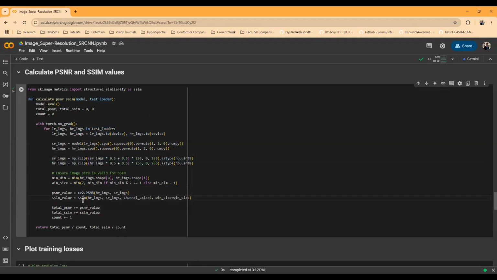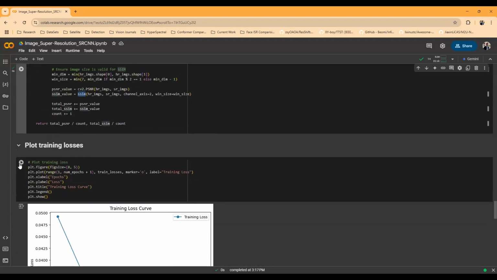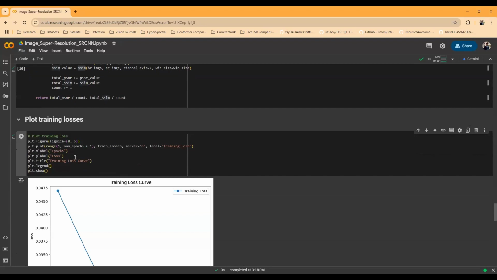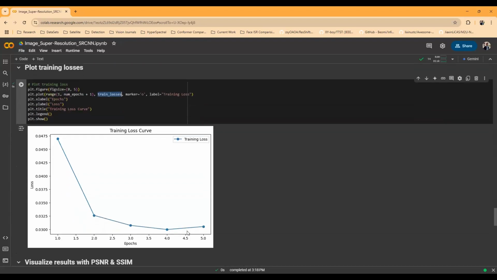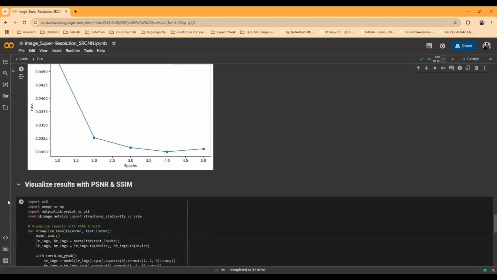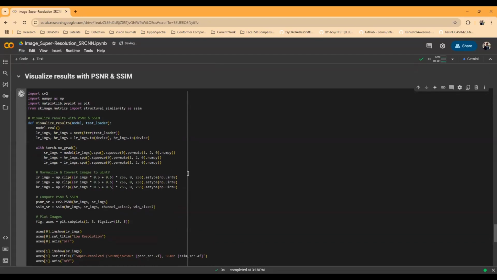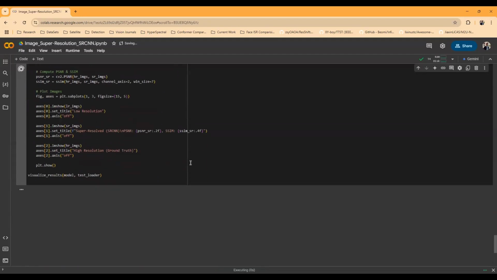We are calculating PSNR and SSIM here. Now we are plotting the loss we have just stored in the train losses variable, and we can see that the loss is coming down. Now let's visualize the PSNR and SSIM with the output image.